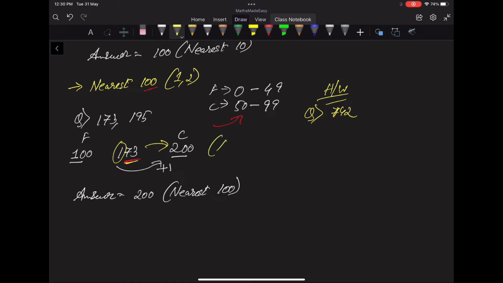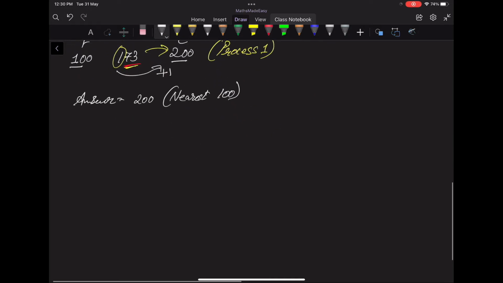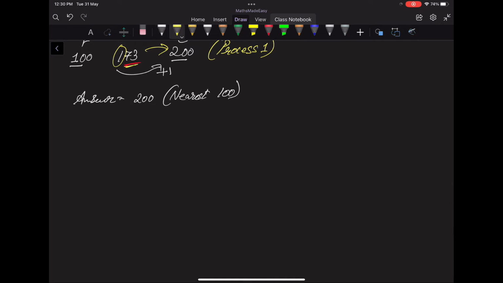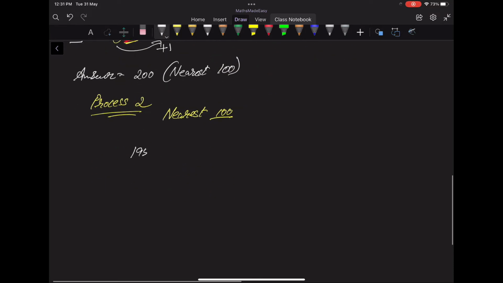Okay, process. Let me just clarify here. Process 1. Okay, that's how we do it. Now using process number 2, what is the change in process 2? Nothing. We are going to be writing nearest 100 as usual, and we are going to be copying this number down, that is 195.